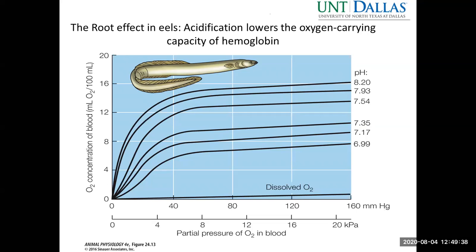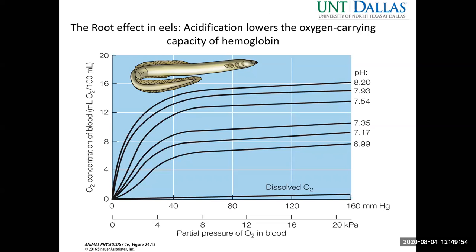Acidification to a pH of 7.3 lowers the oxygen binding capacity of the hemoglobin because of the root effect, so that the hemoglobin can chemically combine with only about 9.4 ml of oxygen per 100 ml.